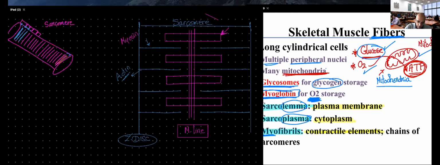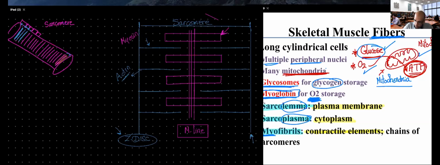Attaching all thin filaments, again one more time, are going to be the Z discs. The sarcomere is simply the distance between two successive Z discs, and it is going to be the contractile unit of my skeletal muscle cells.